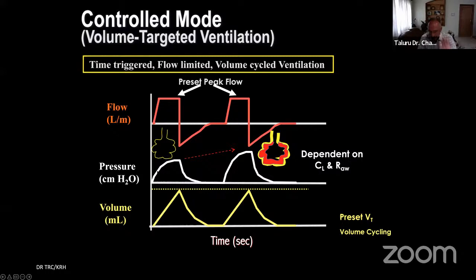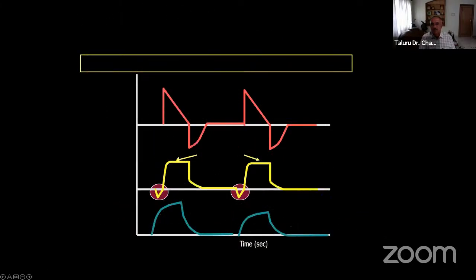See, what happens here is in volume prefixed or volume already set, if the patient's alveoli or the chest wall changes or the airway changes, pressure goes up. So you have to keep a watch. Looking at the pressure, you analyze here. Whereas here, see, decelerating flow, it is touching the baseline and pressure is fixed.